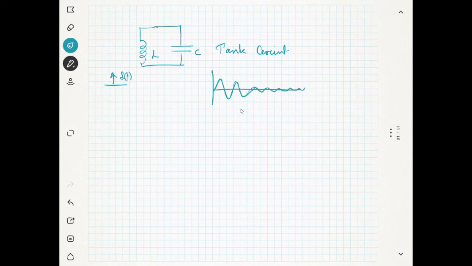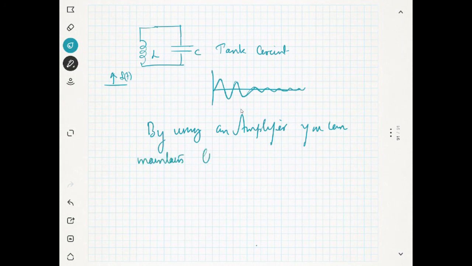So what do you have to do to avoid this decay? You have to increase the strength of the signal, right? How can you increase the strength of the signal? By using an amplifier, you can maintain oscillation. You understood?